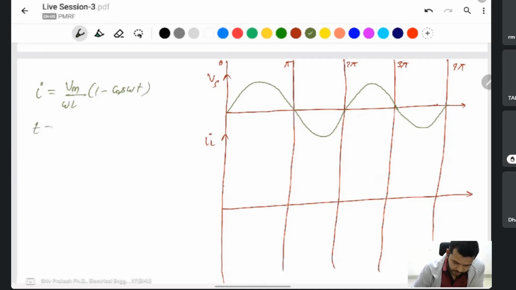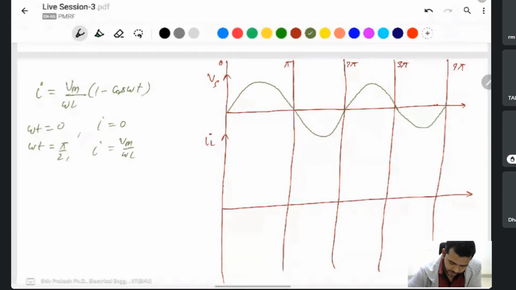At omega t equal to 0, I will be 0. At omega t equal to pi by 2, I will be Vm by omega L, taking Vm by omega L as a constant value.